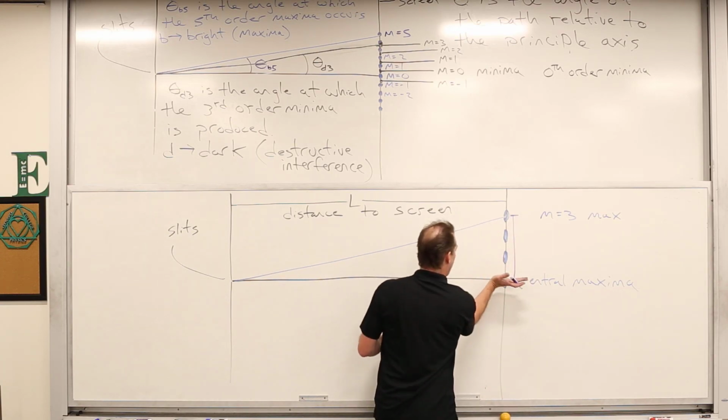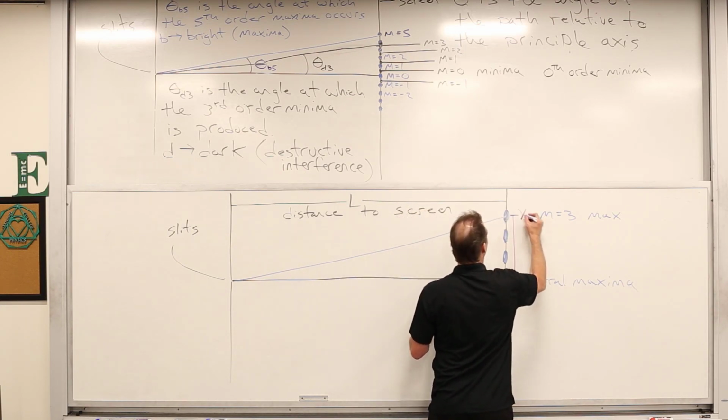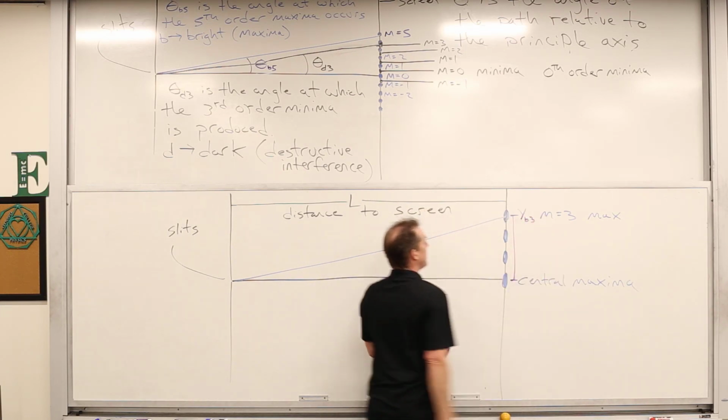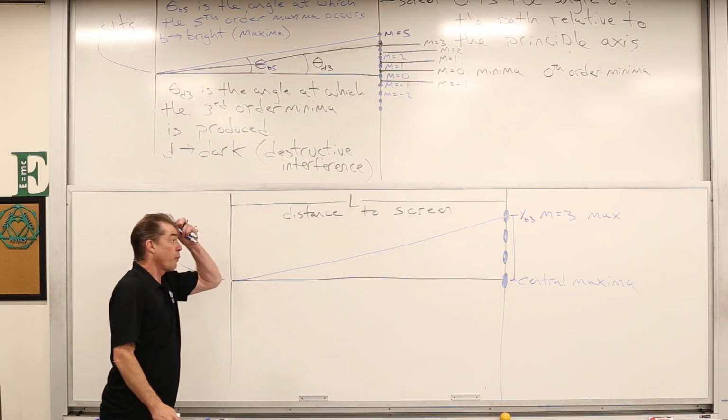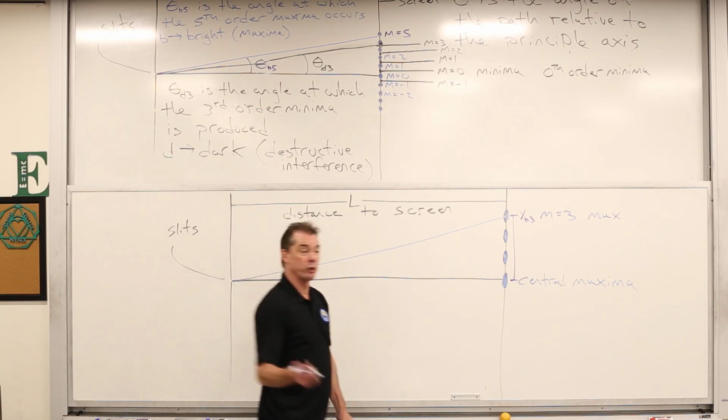The distance from the principal axis to this location, call this YB3. YB3 is the distance that the third order maxima occurs relative to the principal axis.